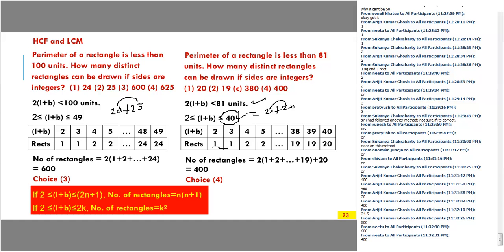Shivam, what's your doubt? 1 comes how many times here, Shivam? 2 comes how many times? 19 comes how many times? So it's 2 into 1 plus 2 plus and so on up to 19, or not?